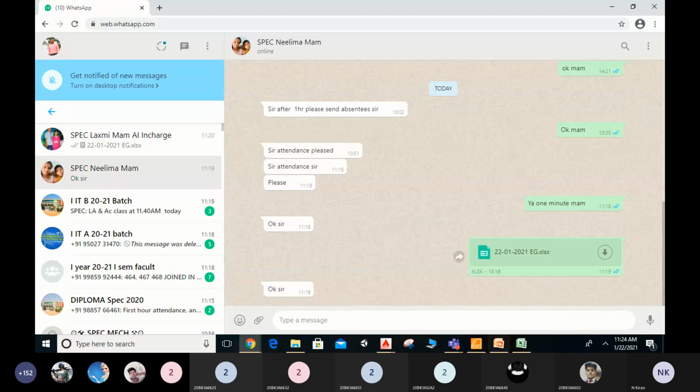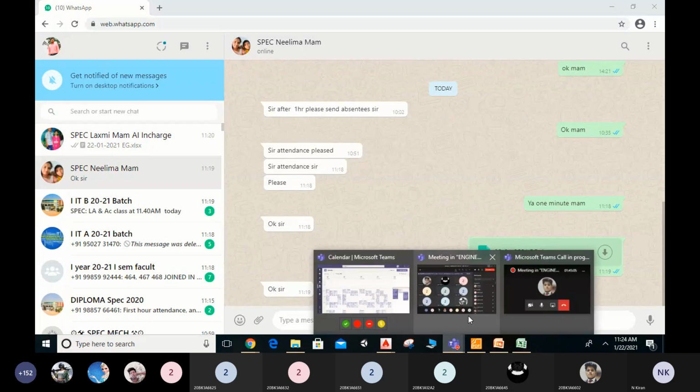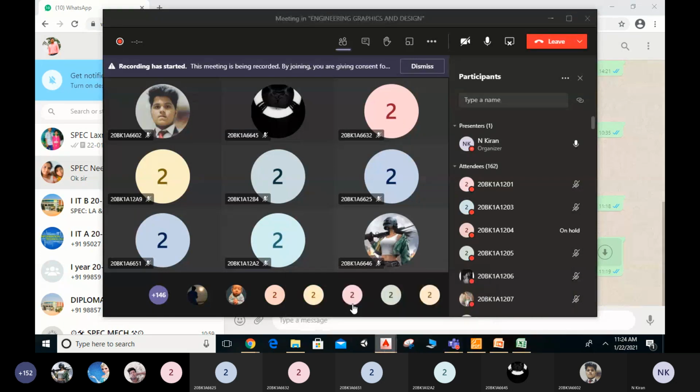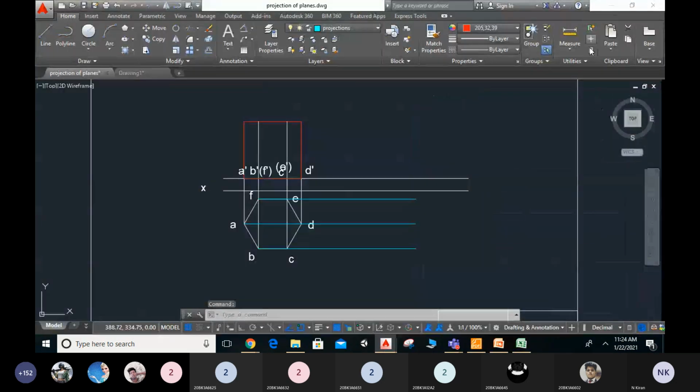Okay, same. Once try this one. 1 minute. Same question, try. A pentagonal pyramid is resting on VP with a side of 25 mm and height is 70 mm.